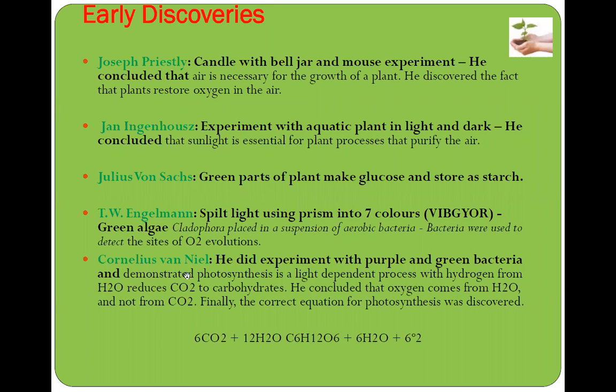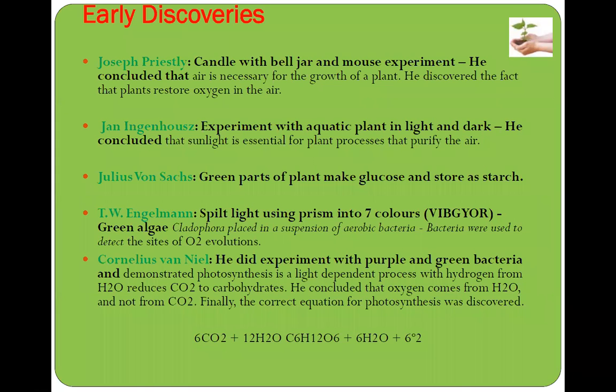The last one was Cornelius Van Niel, and he did the experiment with purple and green bacteria, right? He took two different types of bacteria. The first one was the purple bacteria, and the second one was the green bacteria. What he did was demonstrate that photosynthesis is a light dependent process, with hydrogen from H2O reducing CO2 to carbohydrates.